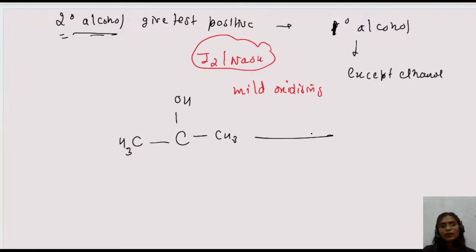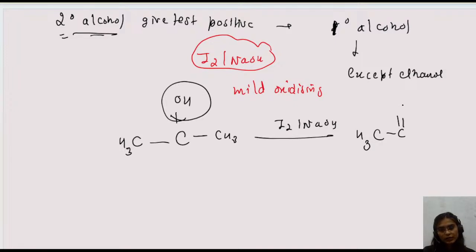If I'm using this I2 and NaOH, first of all this alcohol is converted into an aldehyde or ketone. For example, in this case, with this kind of alcohol we get the double bond form with a CH3 there. Now we are ready with the methyl ketone.